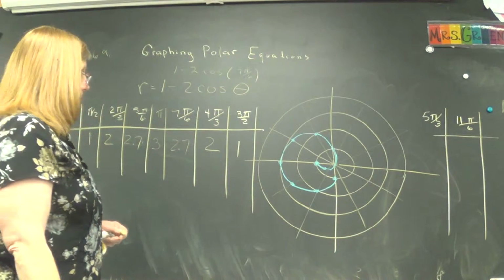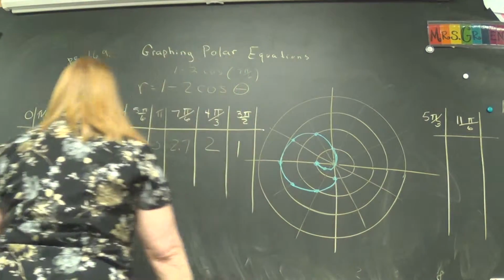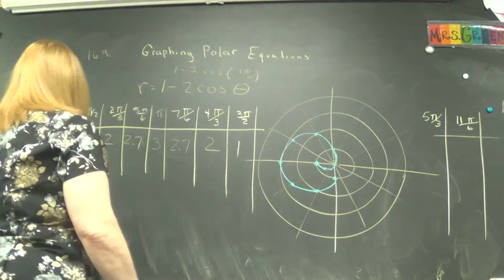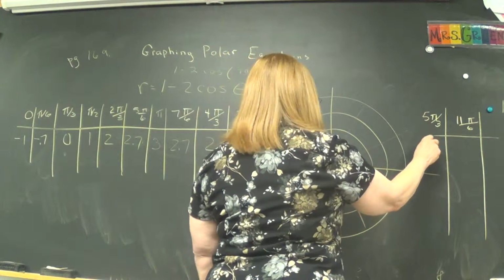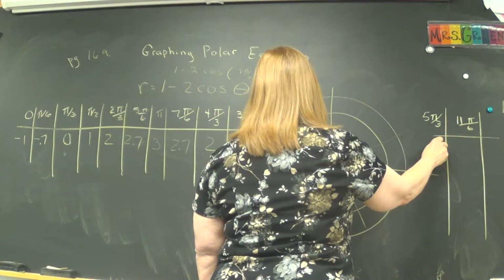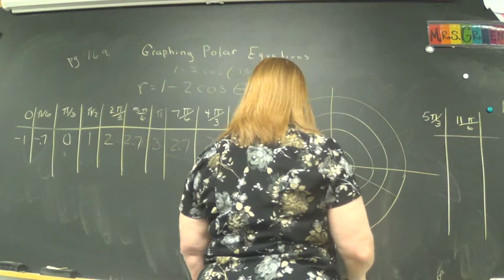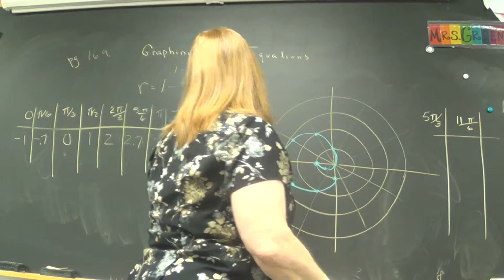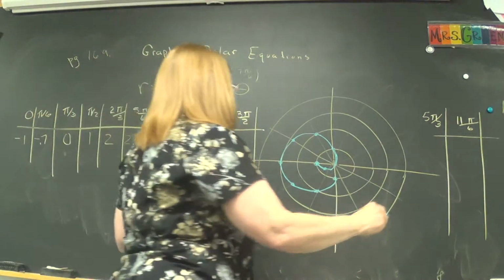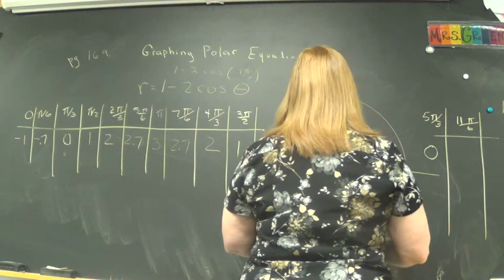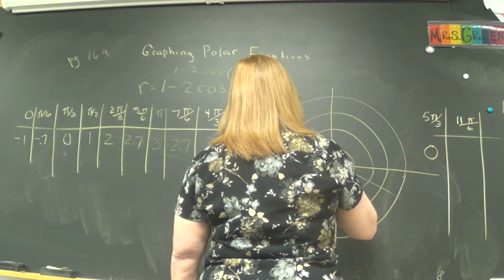And Allie, I need 5 pi over 3. You have it? Oh, it's 0. And Hannah, I got -0.7.